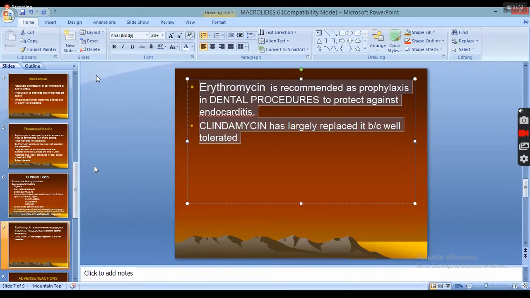The bacteria, streptococcus and staphylococcus, which are present in the mouth, have high affinity for the heart valve. So to protect against this, you should give prophylaxis to all patients. It's better to give it to all patients.